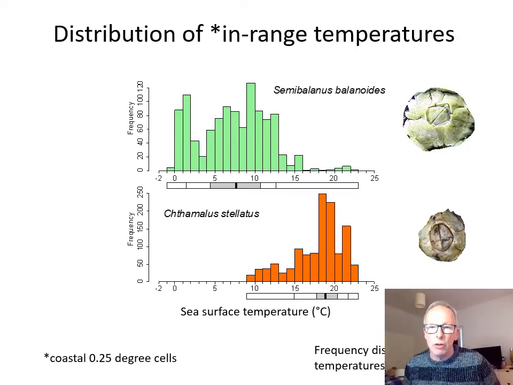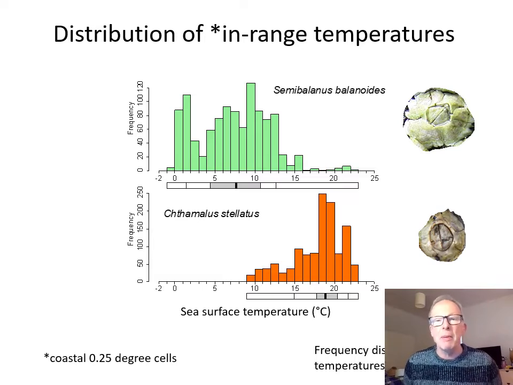Okay, back to those barnacles, and here are histograms which express the distribution of that species across its geographical range. So for the cold water species, those bars express the number of coastal places where this species is actually found within its geographical range.